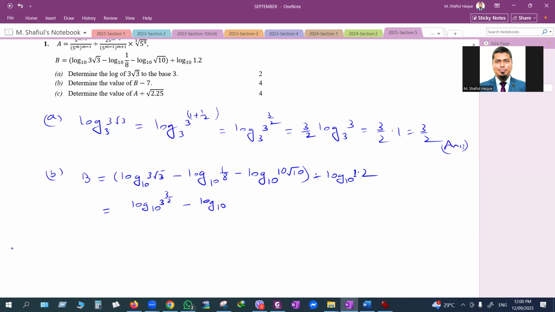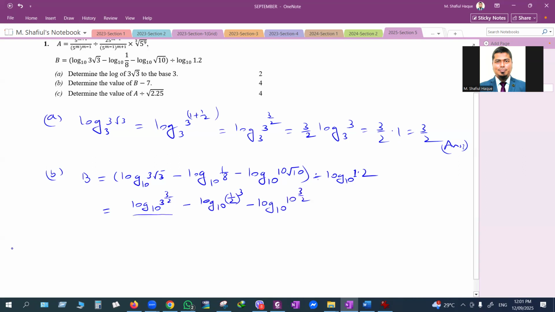This can be written like this. There's 1 by 2, there's a cube. We will do it in 2 lines. Okay. So 10√10, that is 10 to the power 3 by 2.